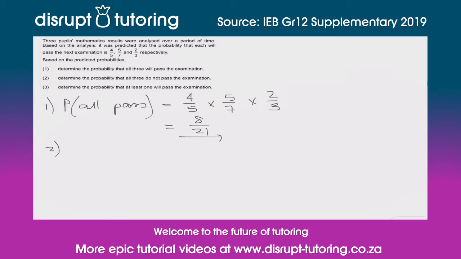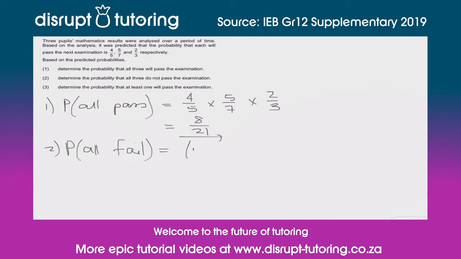Moving on to question 2, we've got the probability that all fail. They've asked us to determine the probability that all 3 do not pass. So likewise, like we did here where we multiplied the probabilities of them passing together, we would do the same thing to the probabilities of them not passing.